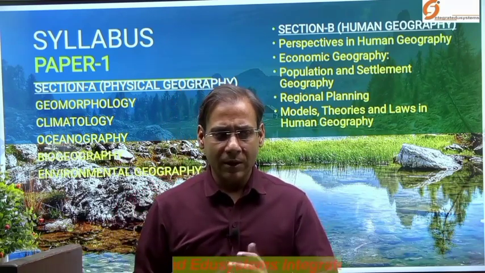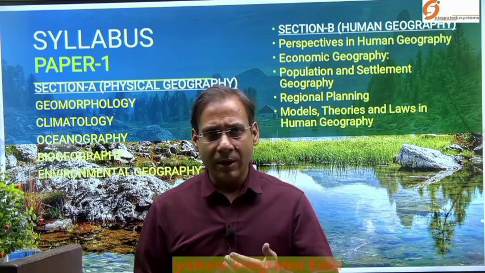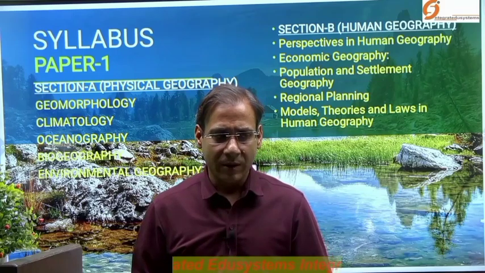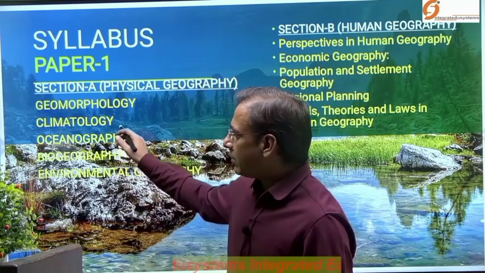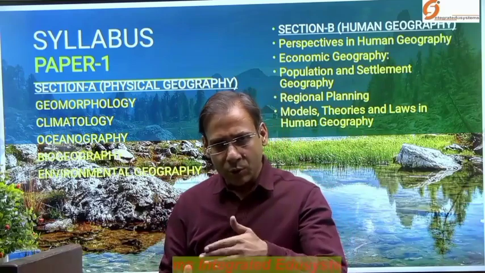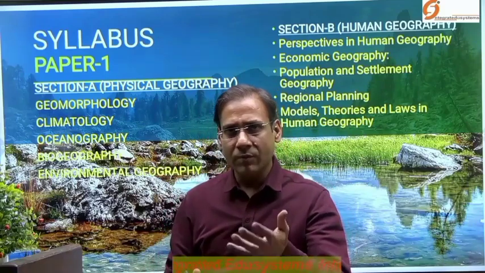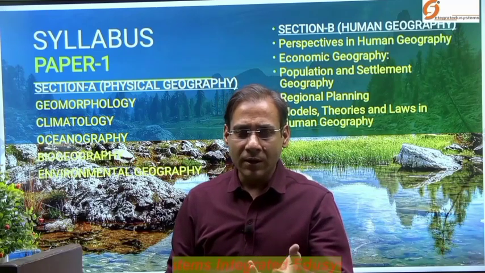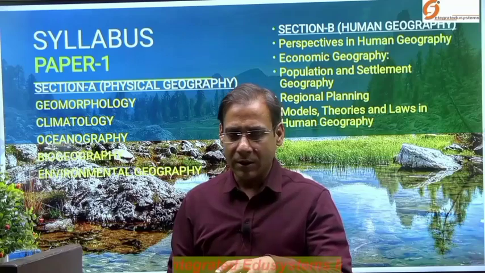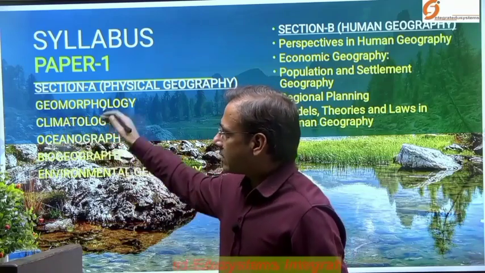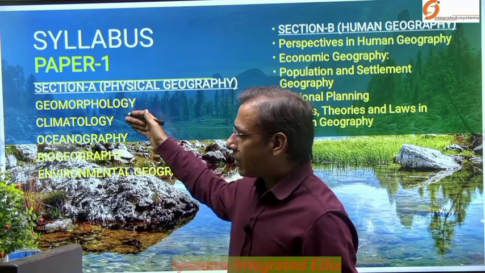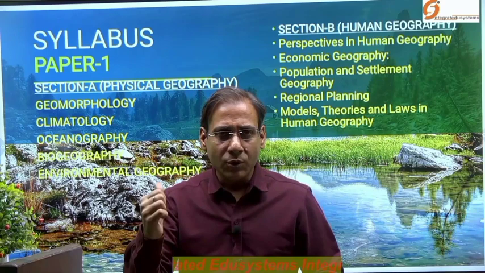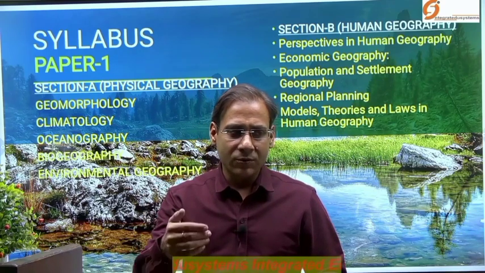So again, here you have to learn the basic elements and components, as well as phenomena, processes and basic theories, which play a very important and vital role in paper 2 of the optional, where you have to learn the climate of India, the monsoon climate, and their impact over the Indian climate. So understanding paper 1 geomorphology and climatology will support you to understand paper 2 of your optional, as well as GS also.